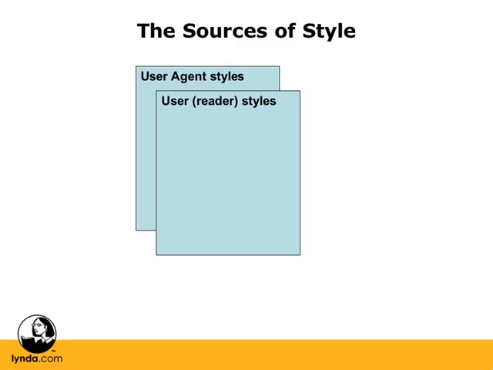Maybe I want all of my text to always be black on white, but I want all of my links to be in reverse text, white text on a black background. These are just the various possibilities, reasons why a user might want to create their own style sheet.